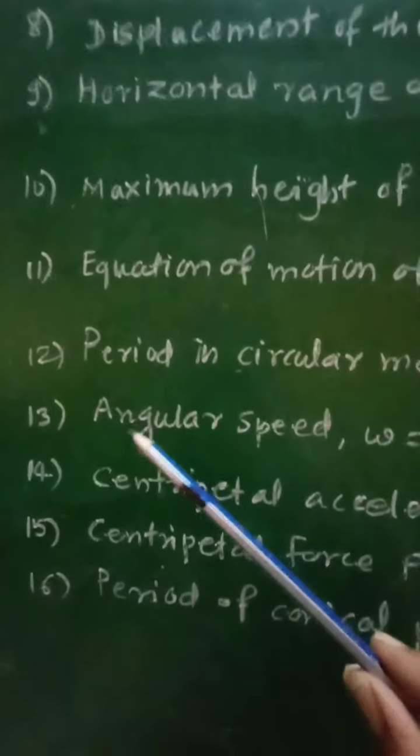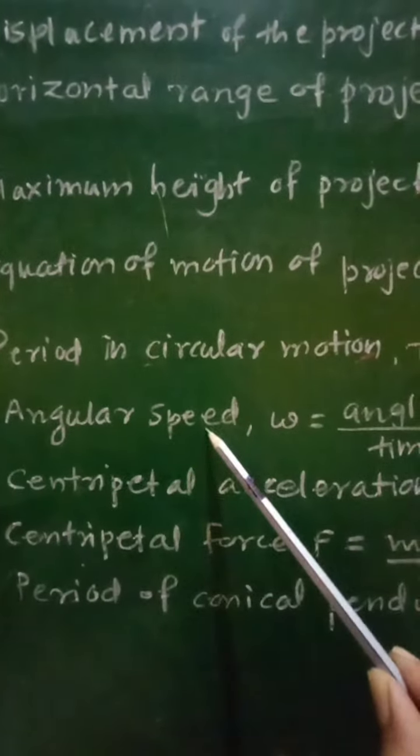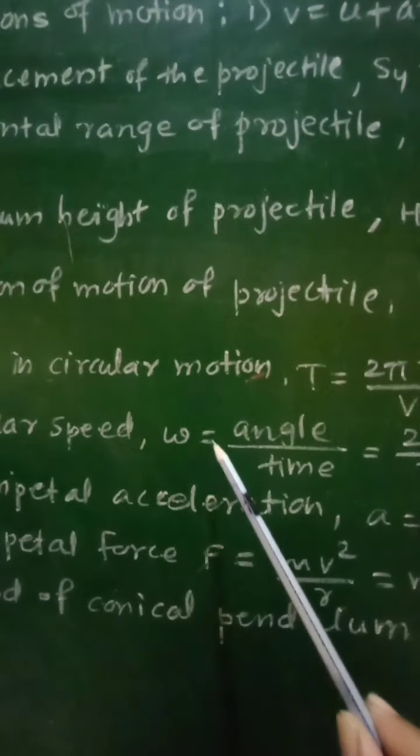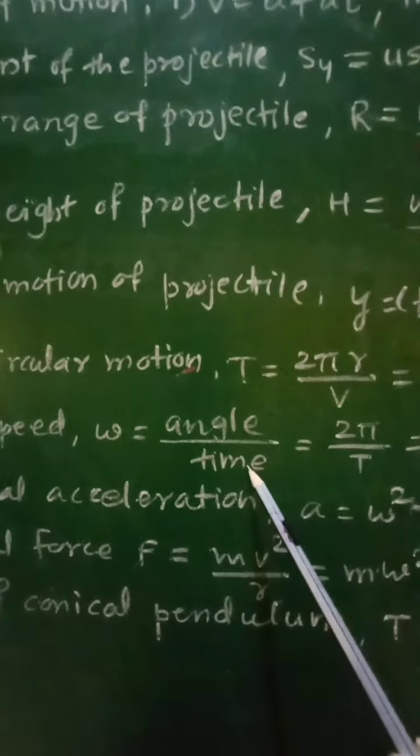Then the 13th formula gives angular speed. So angular speed omega is equal to angle upon time.